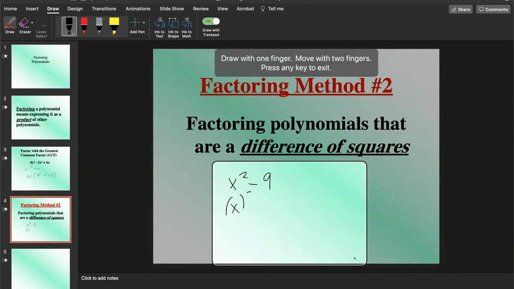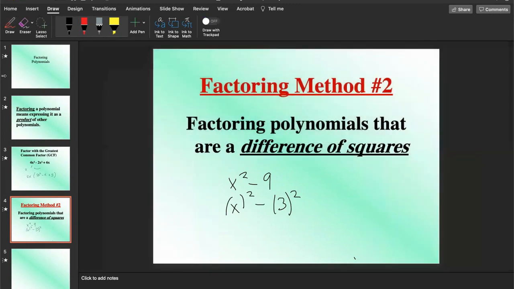It'll probably be more simple to view it like this. But essentially, right, we have x squared minus 3 squared. So x and 3, they're both squared. And then what's critical is it must be a difference. It won't work for an addition of squares, but primarily a difference. And I'll go into why that is necessarily.